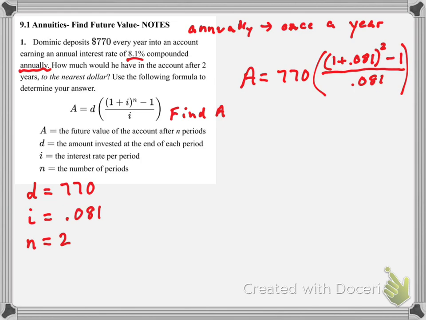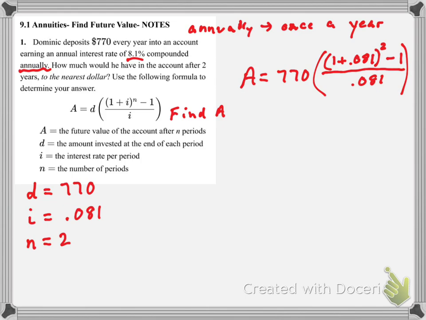So on top, we're going to do parentheses 1 plus 0.081, parentheses to the second power, and then minus 1. And then we're going to tab down to the bottom, and put in 0.081. And we're going to hit enter.